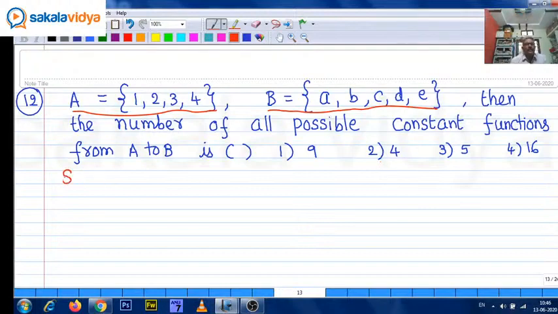So now the solution. N of A is 4. N of B is 5.